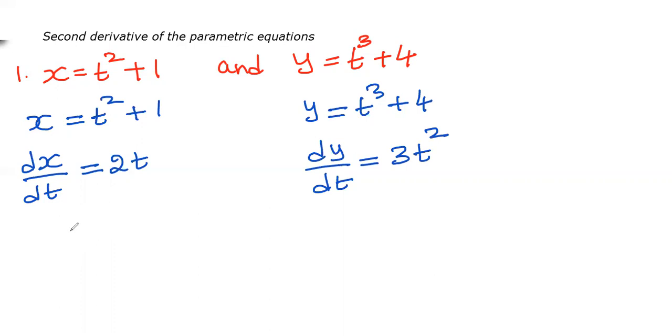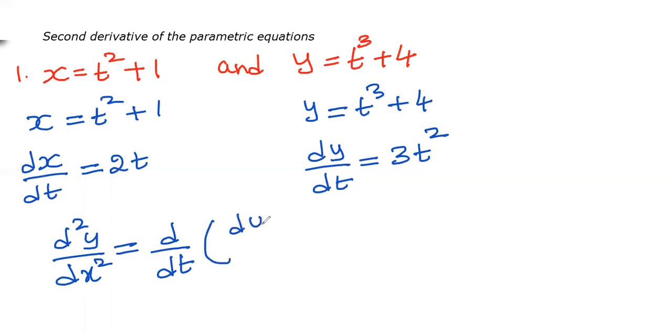What we want is d squared y over dx squared, which is going to be d over dt of dy over dx times dt over dx.